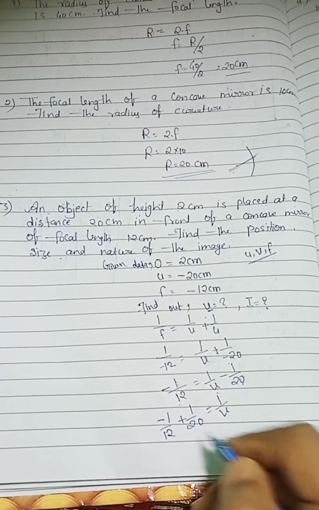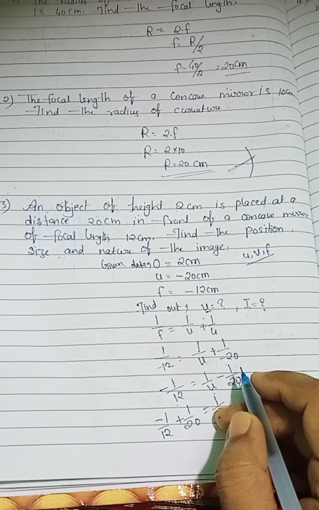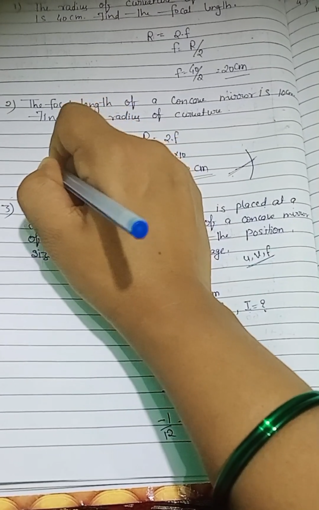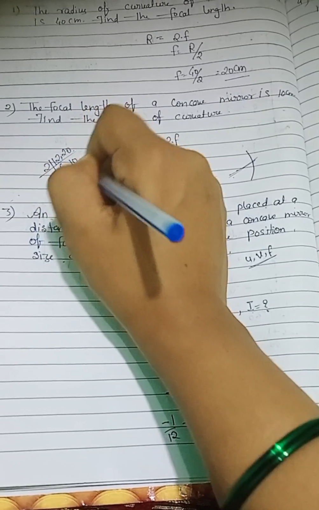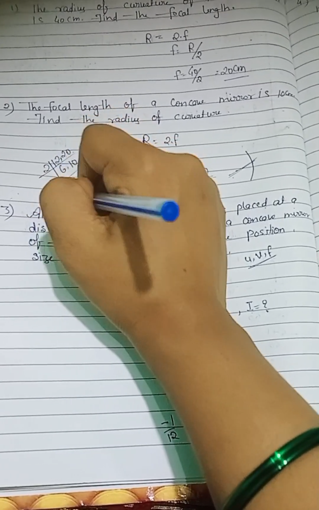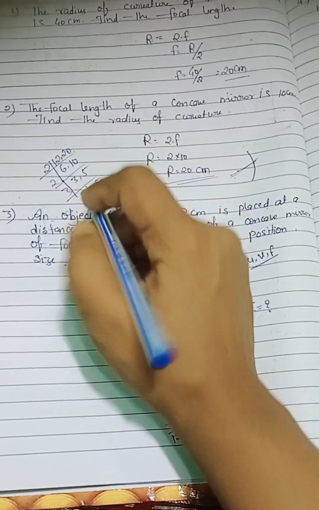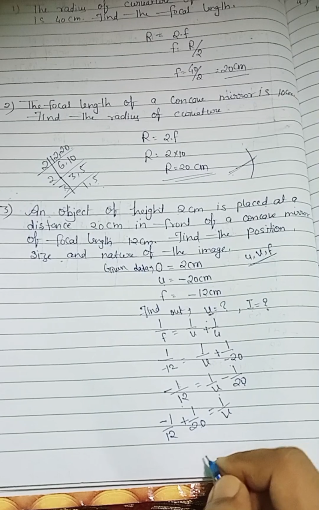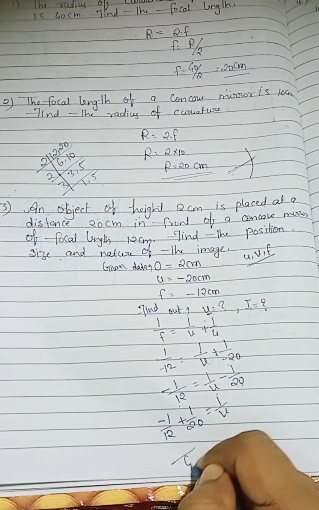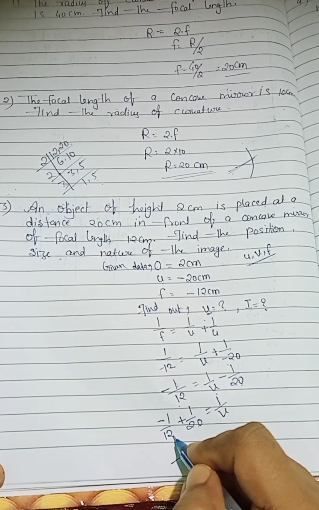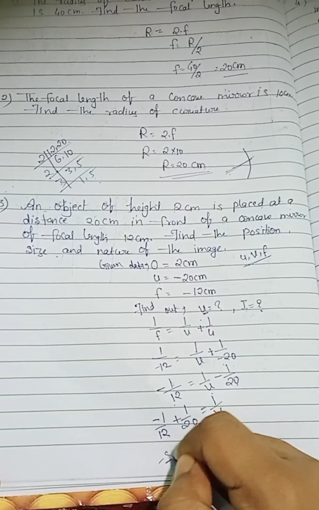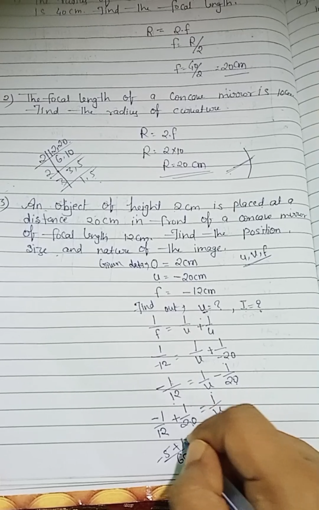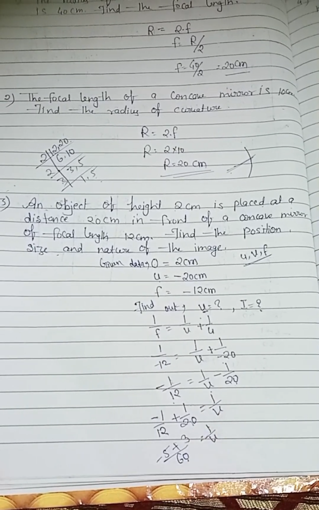Just solve it. First we will find the LCM. LCM of 12 and 20: both are even, so divide by 2, again even, again 2, now 3 and then 5. So 2 twos are 4, 4 threes are 12, 12 fives are 60. So the LCM is 60. 60 divided by 12 is 5, so minus 5, and 60 divided by 20 is 3, so plus 3, is equal to 1 by v.